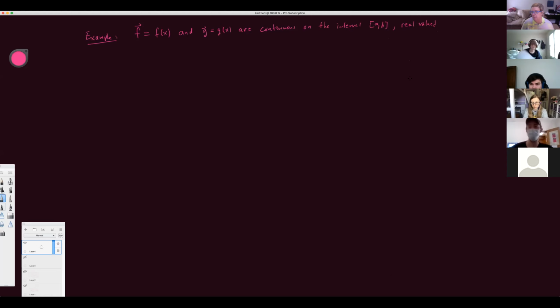Remember, there is a vector space of continuous real valued functions on an interval, right? That is a vector space. We already sort of talked about it briefly.